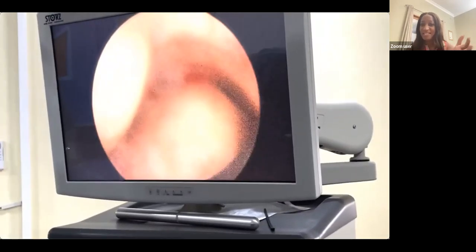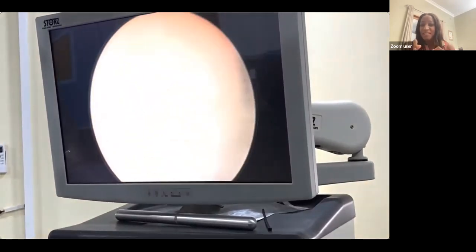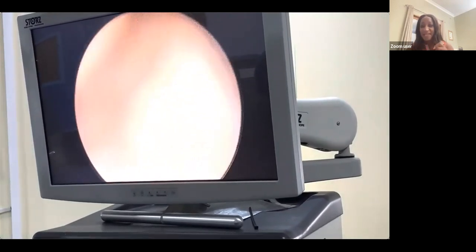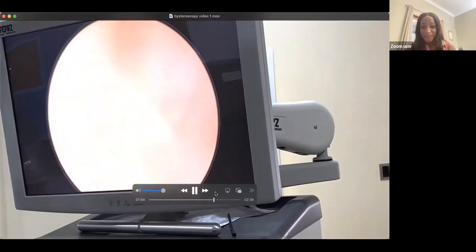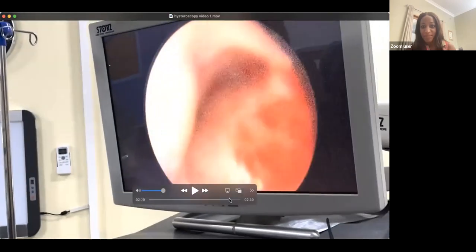So we visualized the polyp, and we used a small grasper to grab this polyp and twisted it, as you would do a polyp that's on the cervix, and managed to get it out. We introduced the scope again. Okay, so there's the polyp that we're talking about.